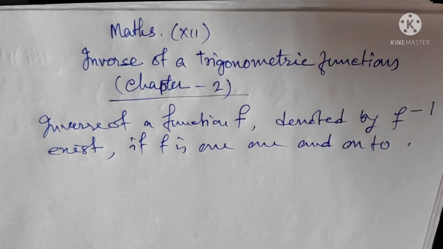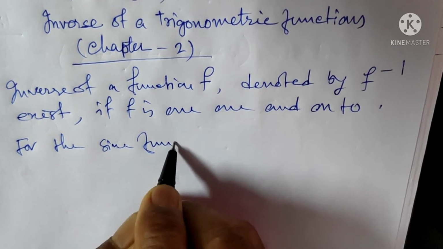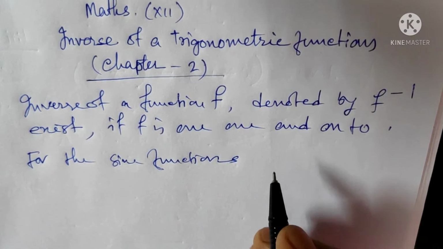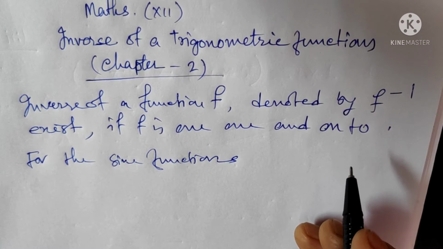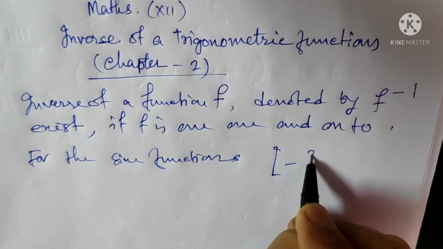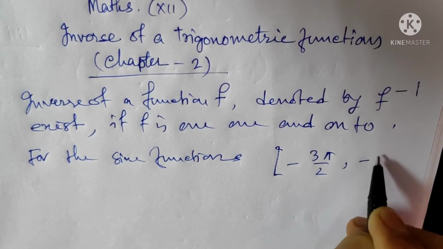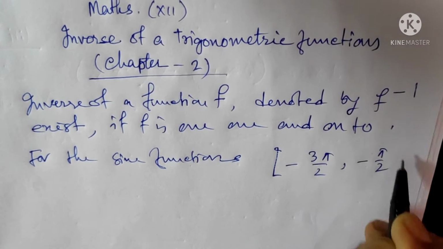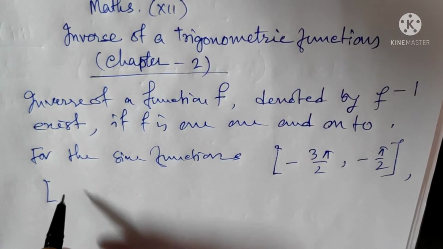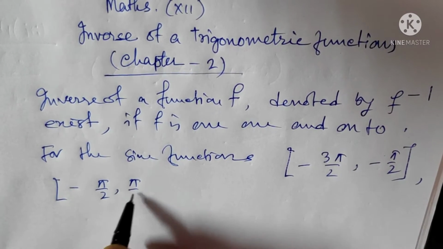For the sine function, we restrict the domain to minus thrice pi by 2 to minus pi by 2. Next, minus pi by 2 to pi by 2.